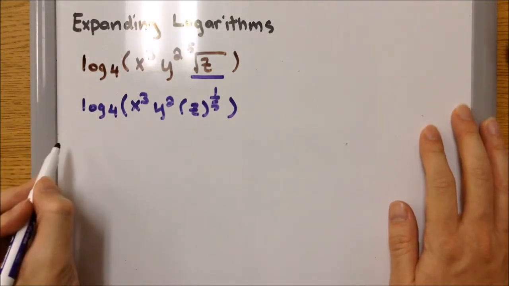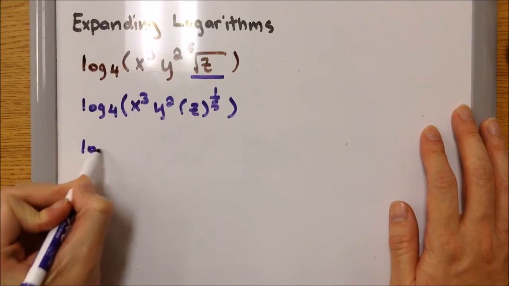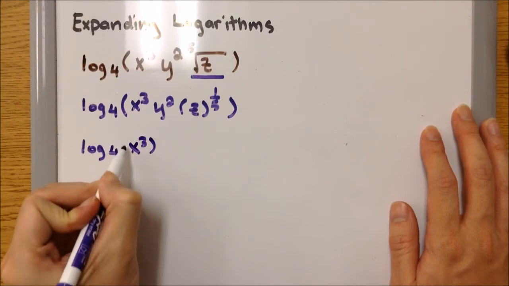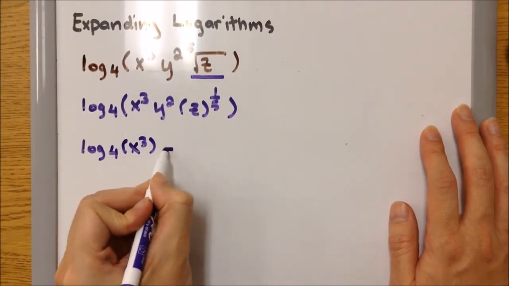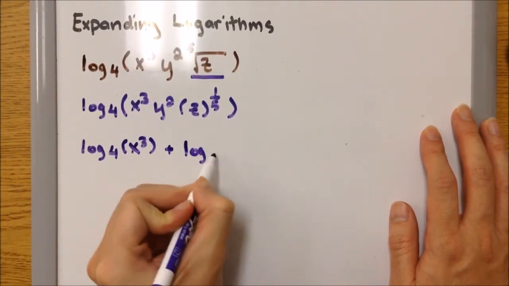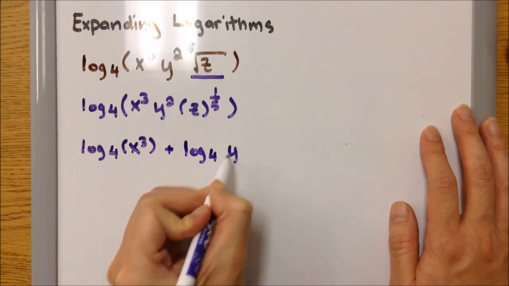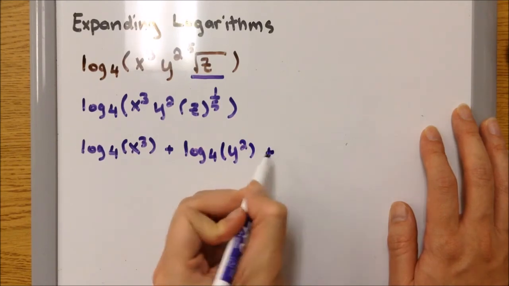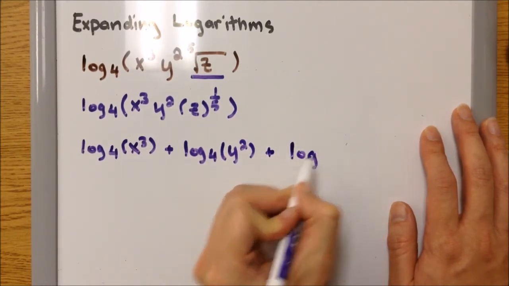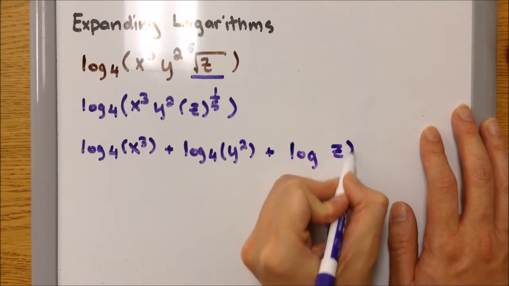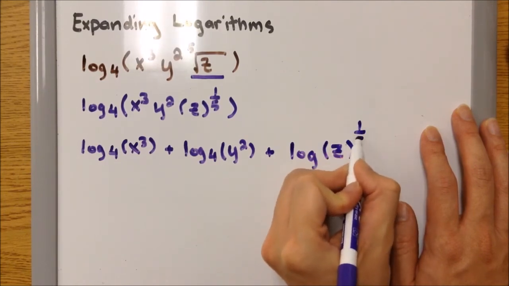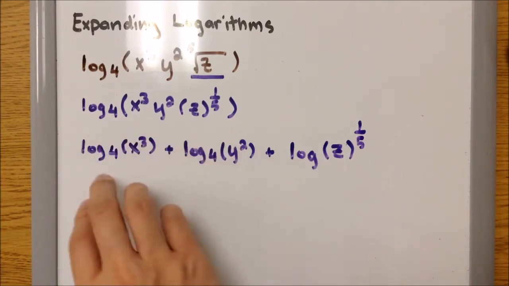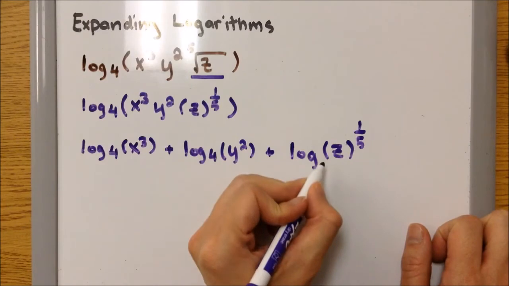So the first one is log base 4 of x to the 3rd plus log base 4 of y squared plus log base 4 of z to the 1/5 power. Alright, so I was able to separate into 3 logs. Oh, I forgot the 4 here.